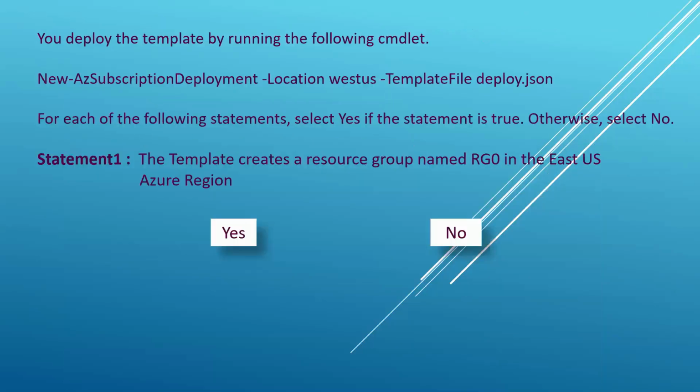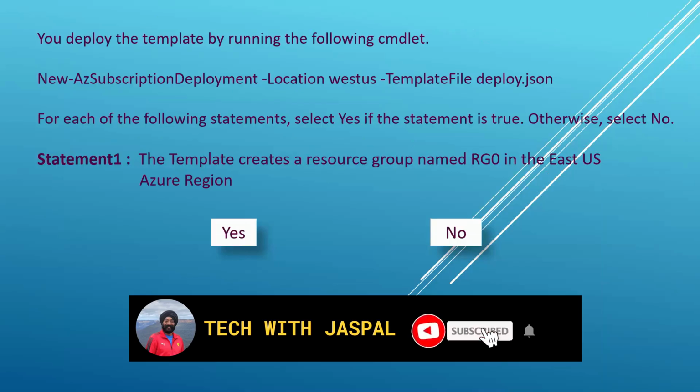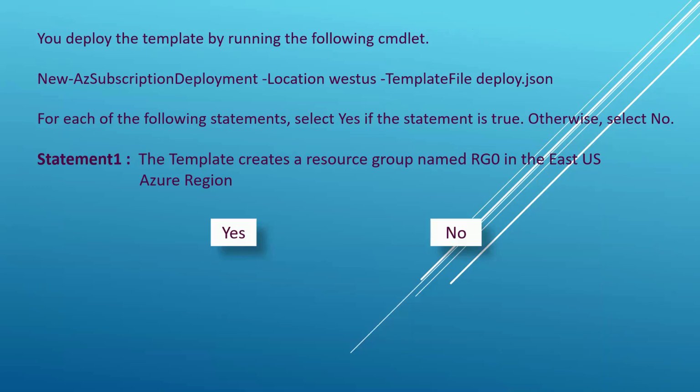You deploy the template by running the following command: New-AzSubscriptionDeployment, location is set to West US and template file is set to deploy.json. This command is doing a deployment at subscription level. Now for each of the following statements, select yes if the statement is true, otherwise select no. And the first statement is the template creates a resource group named RG0 in the East US Azure region.